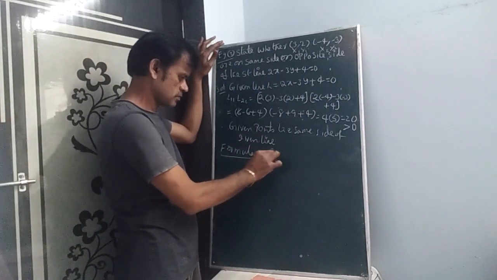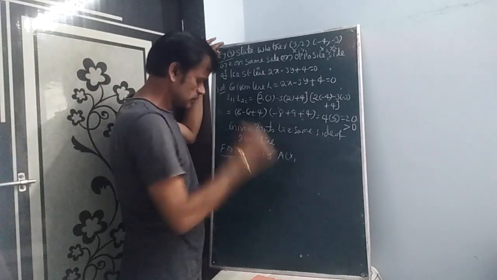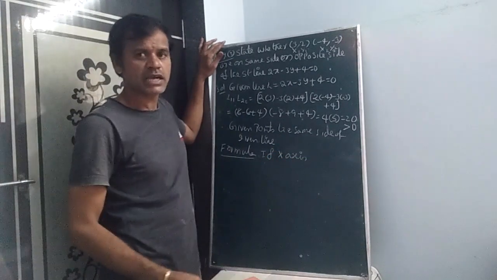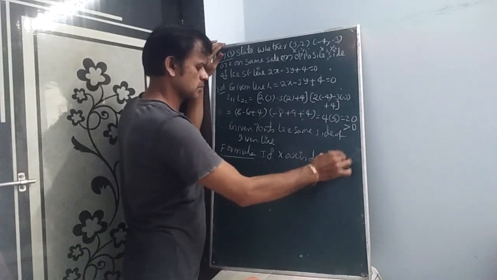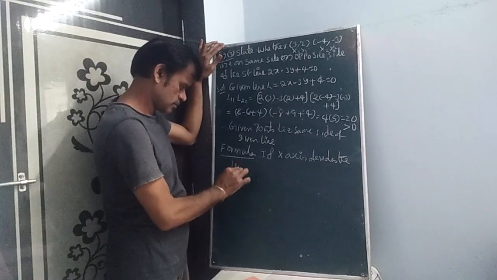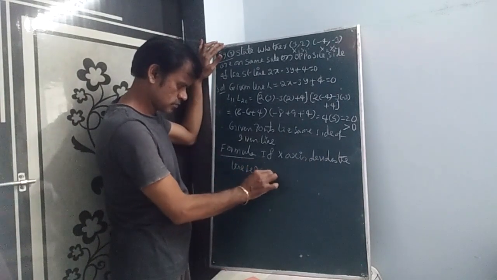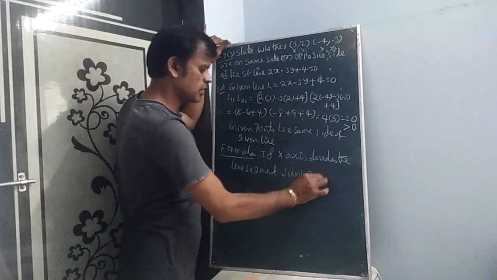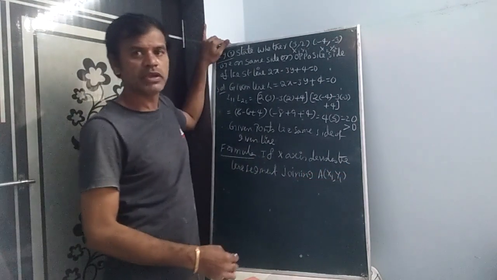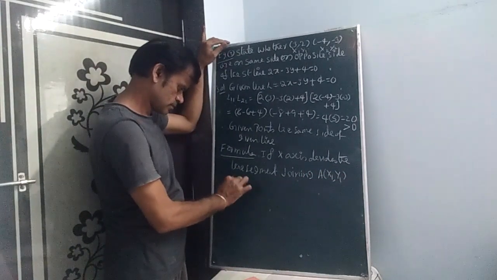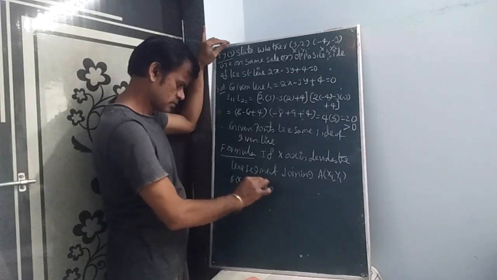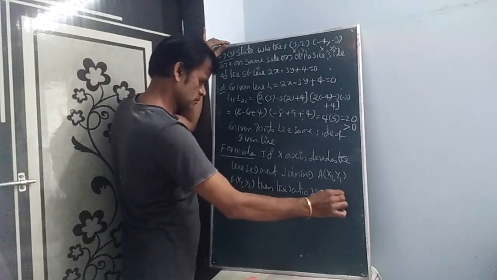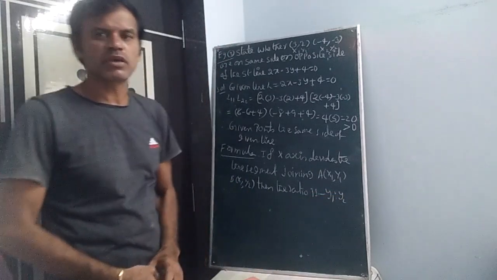If the x-axis divides the line segment joining A(x1, y1) and B(x2, y2), then the ratio is -y1 : y2.